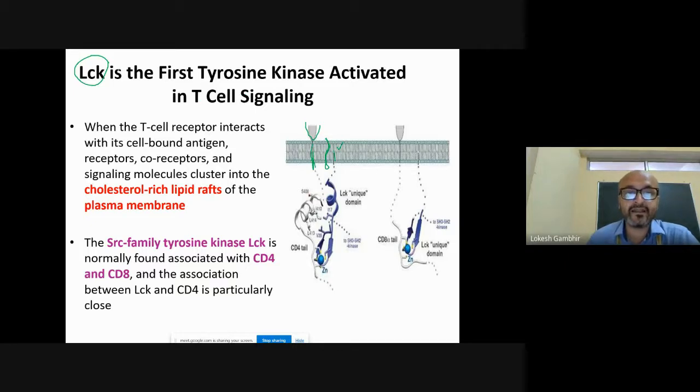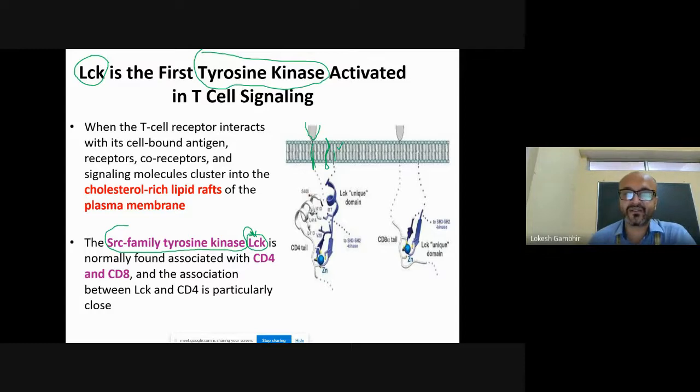What is LCK? It's an enzymatic protein. What kind of activity is it having? It is having an activity of tyrosine kinase. It will cause the phosphorylation on tyrosine residue. So that is the reason why we call it an SRC family tyrosine kinase, called LCK. So LCK is an enzymatic protein that is associated with the CD4 and CD8 molecules present at the receptor or the coreceptor.